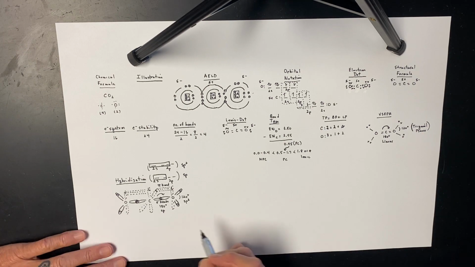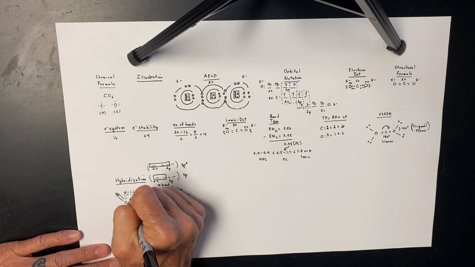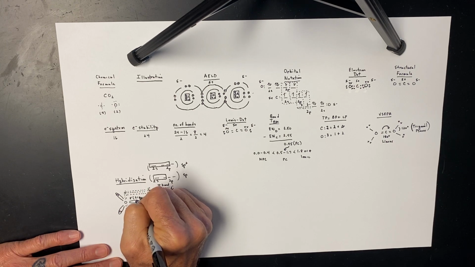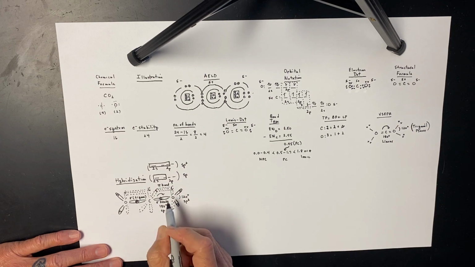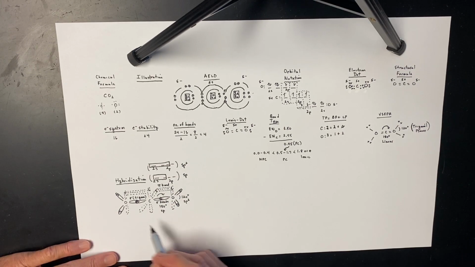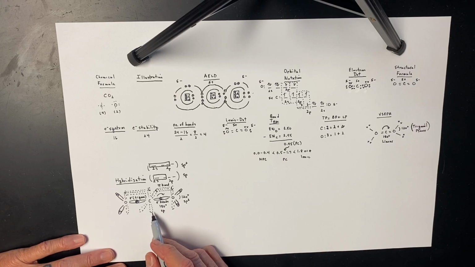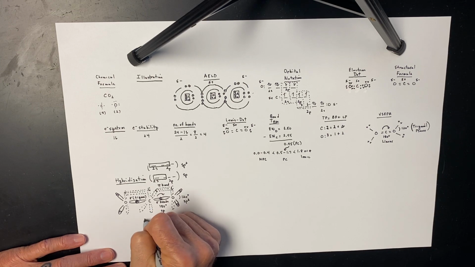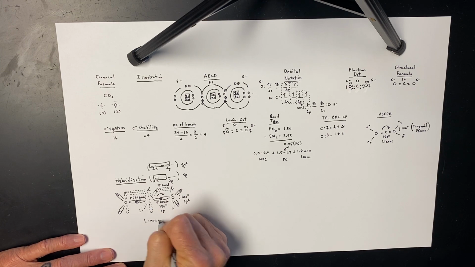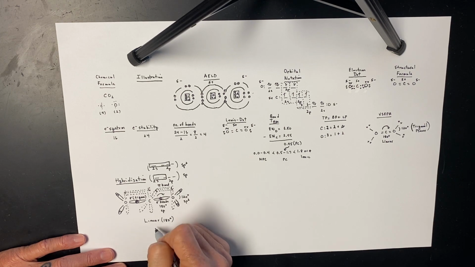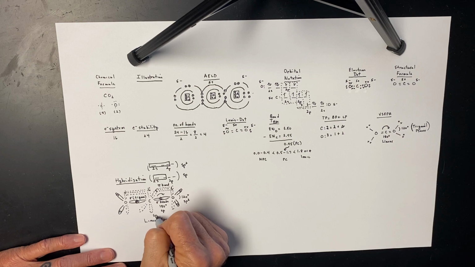So you can clearly see that the first bond is a direct overlap and is referred to as a sigma bond. The indirect overlaps are pi bonds. So the arrangement of electron pairs around carbon predicts carbon to be a linear molecule with a bond angle of 180 degrees because it's sp hybridized.